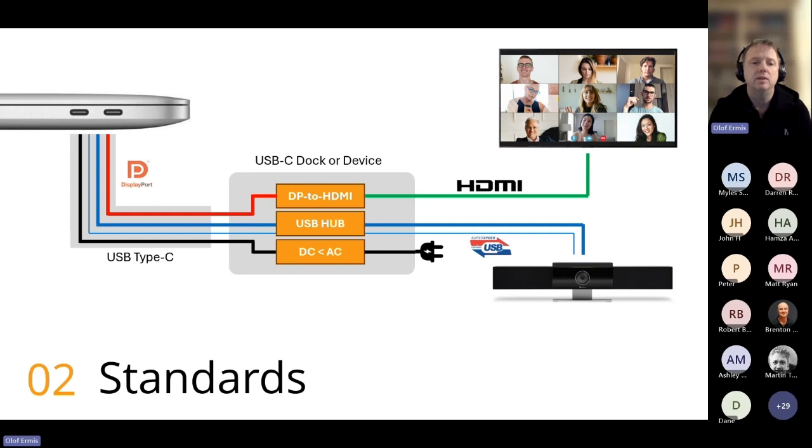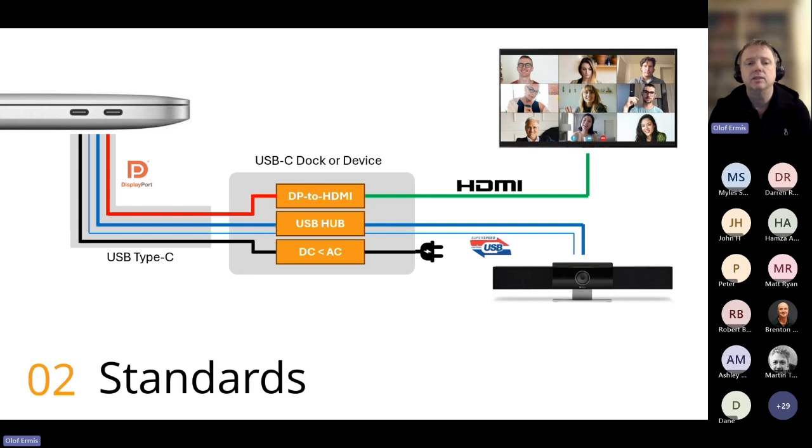Everything became a bit complicated from a technological point of view. From a user point of view, at the end of the day, it's just one cable and it's small, so it's easy to use. But from a technical side, it becomes more complicated because you took all these different functions and put them in a single cable.